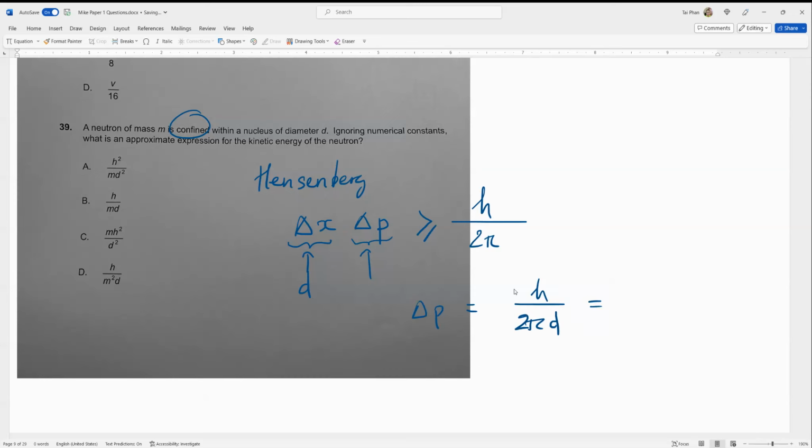And the uncertainty of momentum, kinetic energy of the neutron in the nucleus. The neutron does not move like an electron, like a particle in an atom moving with a certain speed. The neutron is confined within the nucleus. Okay.